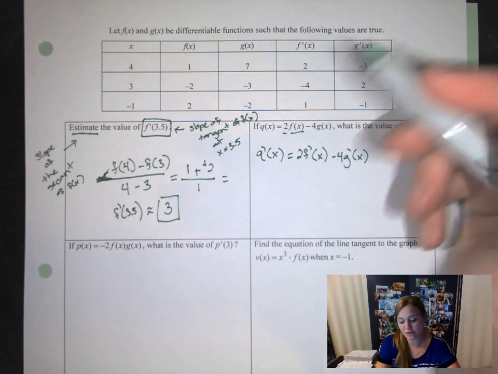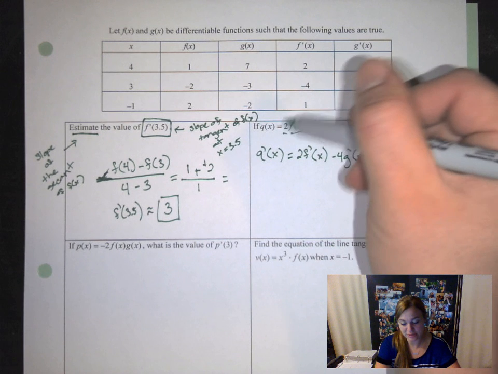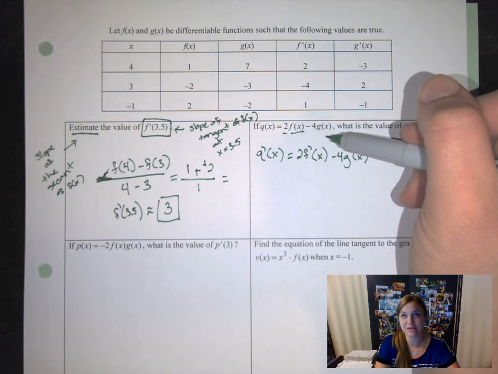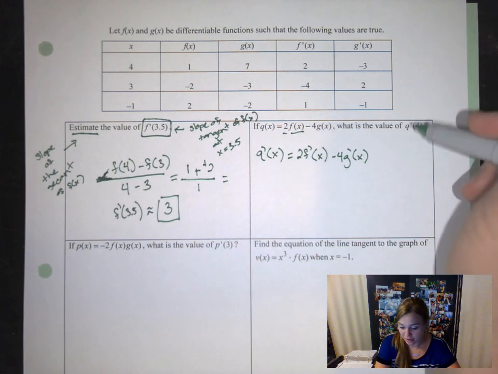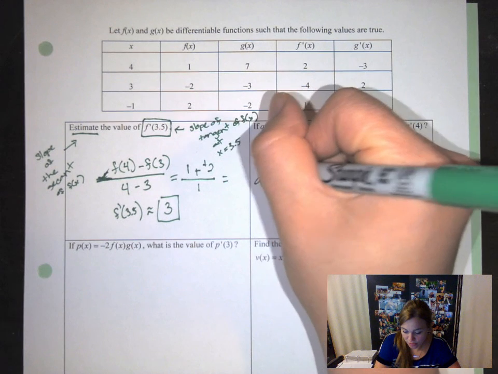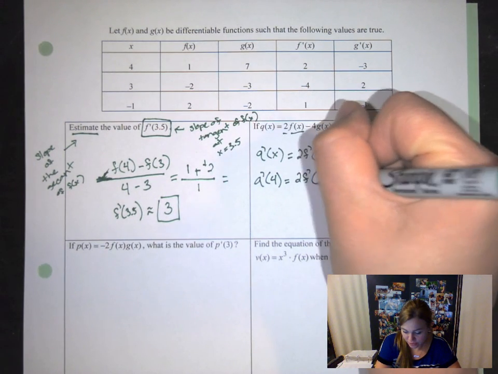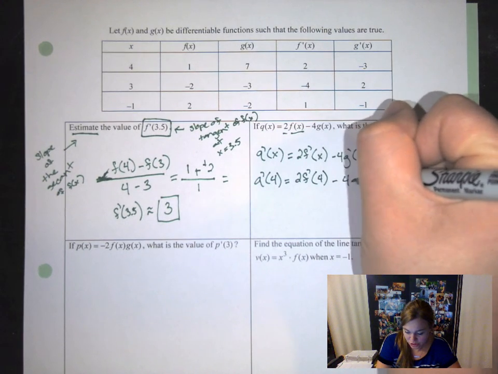If you would do the product rule, that would be okay, with the 2 and the f of x and then did it again over here. Because again, anytime you take the derivative of just a value like 2 or 4, you're going to get 0. Okay, q of 4. So q prime of 4 would be 2 f prime of 4 minus 4 g prime of 4.